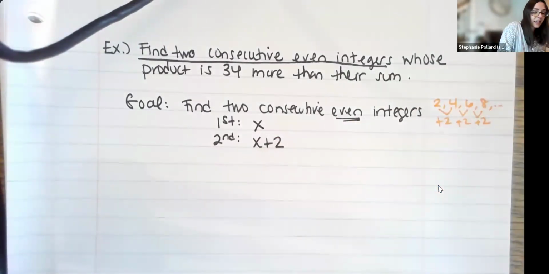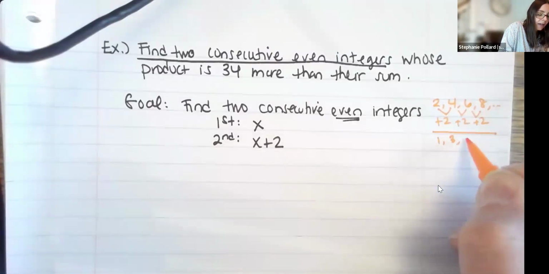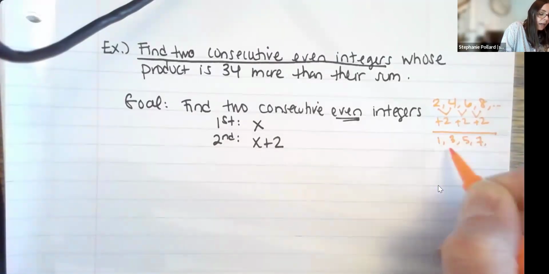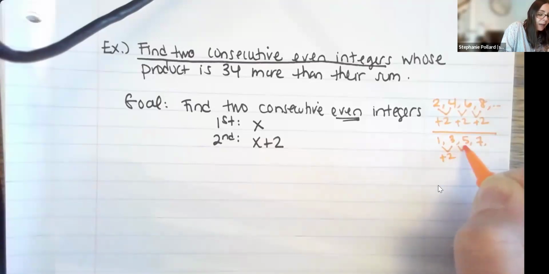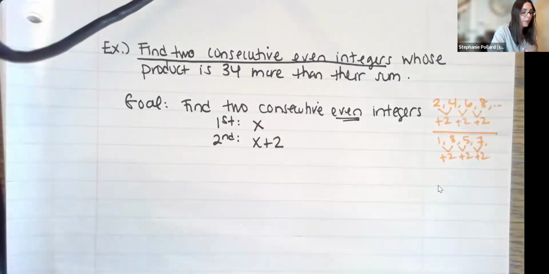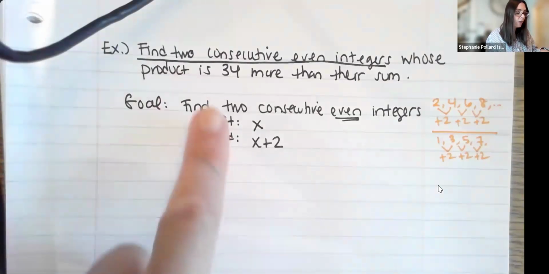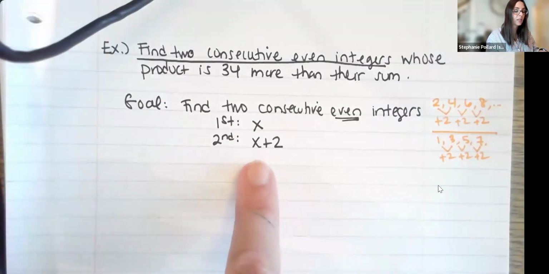If it said consecutive odd integers, by the way, so like 1, 3, 5, 7, etc., we actually use the same setup because the change is still a plus 2 change. So that plus 2 comes from that initial change from one to the next. Now, as another side note, I only need two values here because it said two integers, but if I had a third one, I would not do another x plus 2.